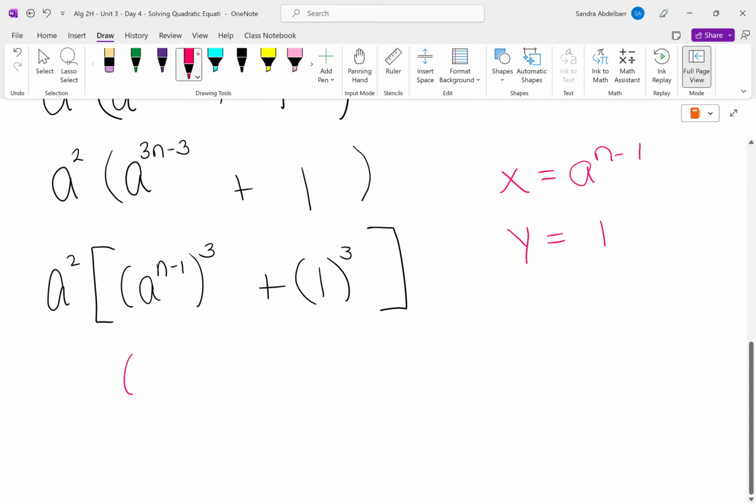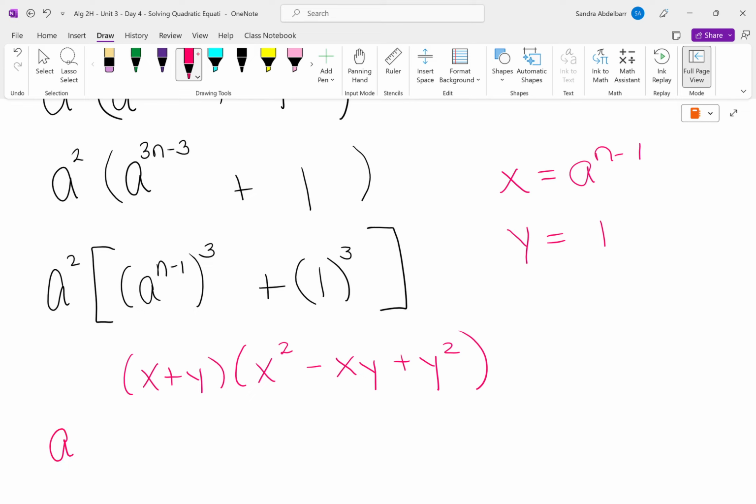And the format tells us it's going to be x plus y, and then x squared minus xy plus y squared. Usually I use a and b's, but since a is already being used, I just changed my a and b's into x and y's. That's all. Don't forget to keep your GCF in the front.